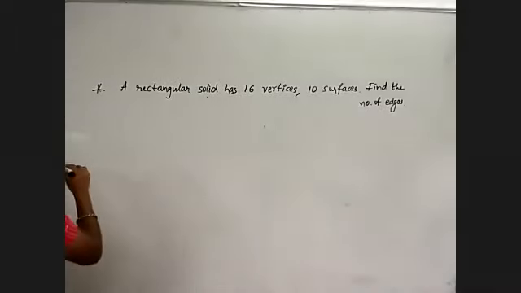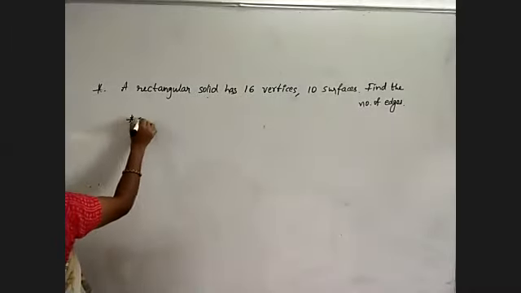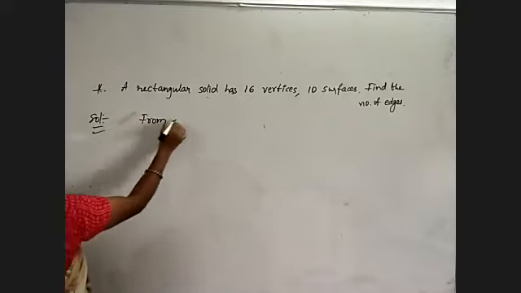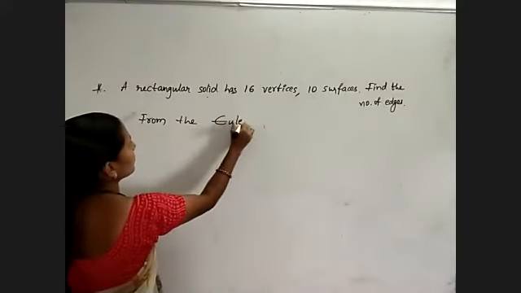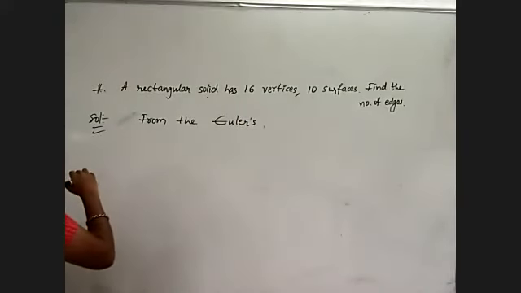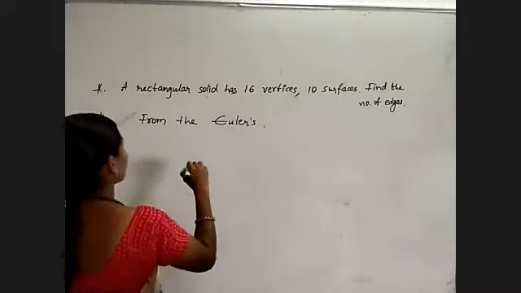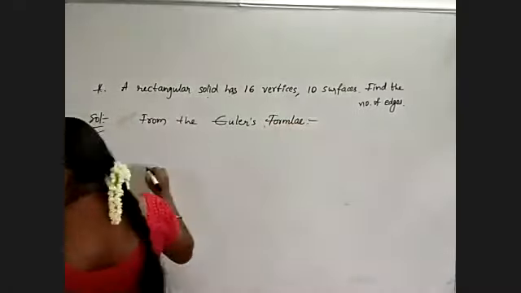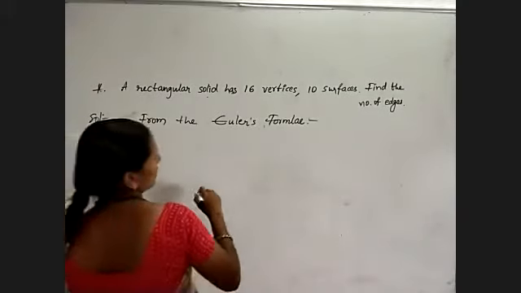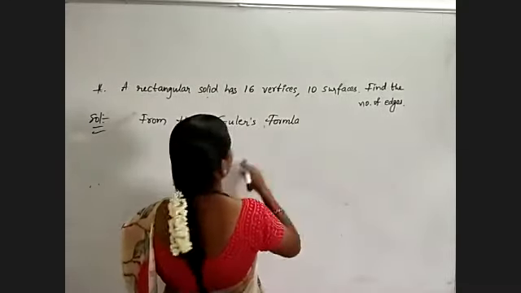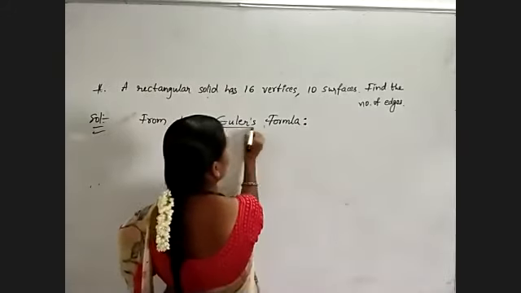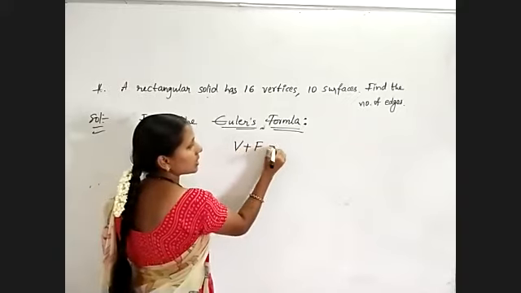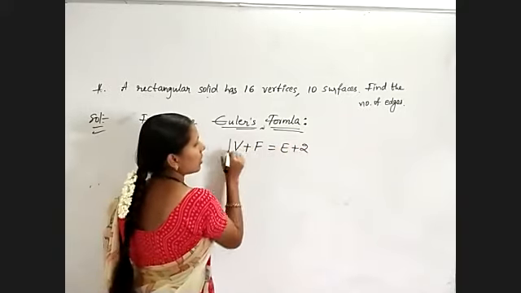That is Euler's formula. Number of vertices plus faces is equal to edges plus 2. This is Euler's formula.